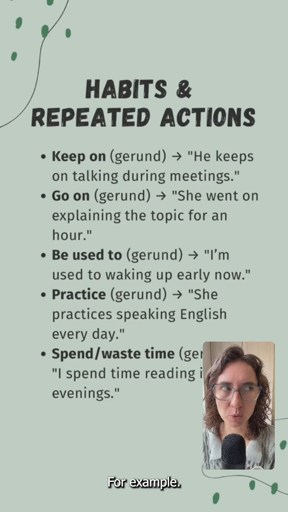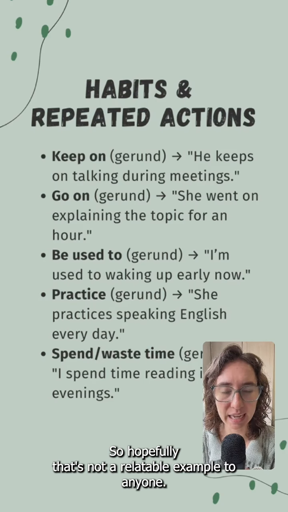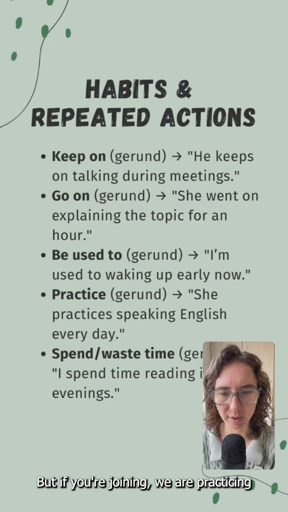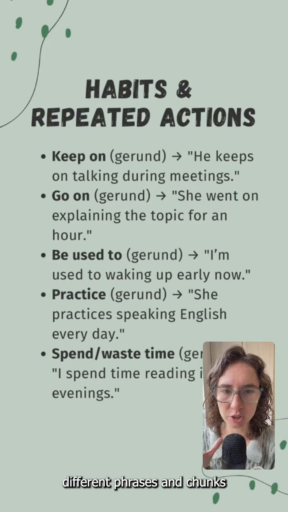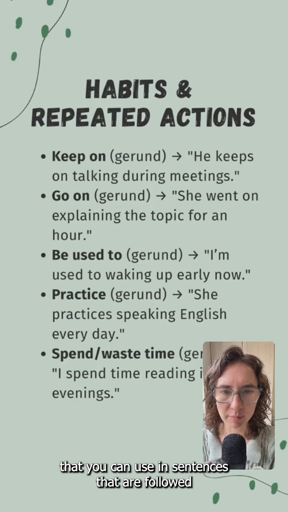It's not typical with stative verbs to say "I am understanding English" because it's a continuous tense, right? But here we're not using gerunds as a continuous tense. So the same thing applies for stative verbs too.